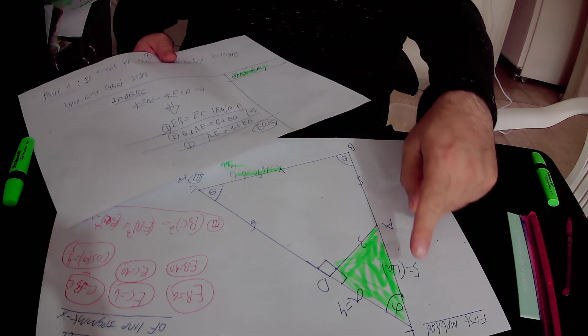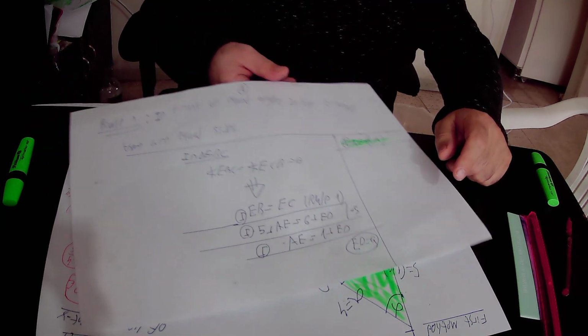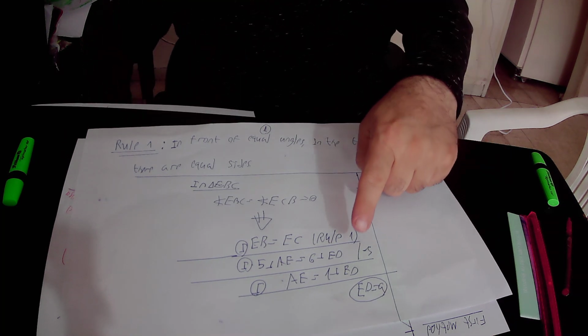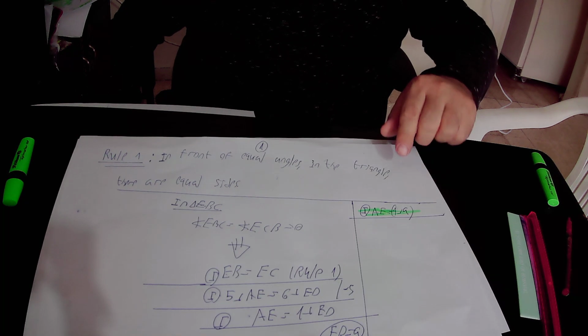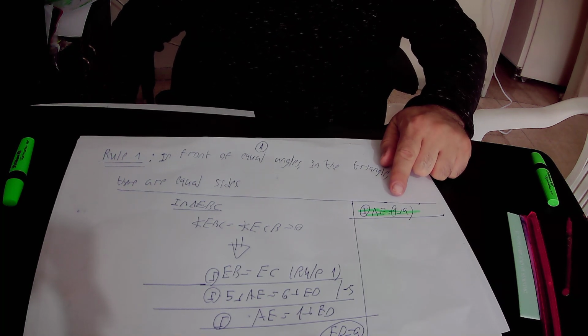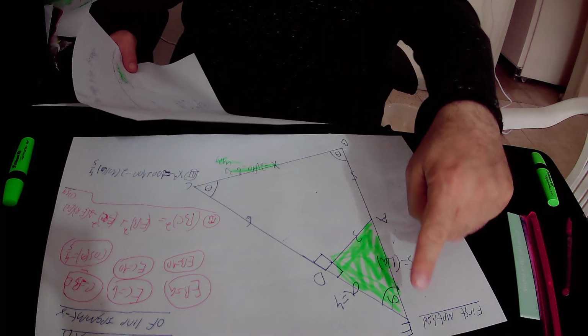Here we defined ED as a. Then we substituted ED in equation number 1 by a, and we got that according to equation number 1, AE equals 1 plus a.